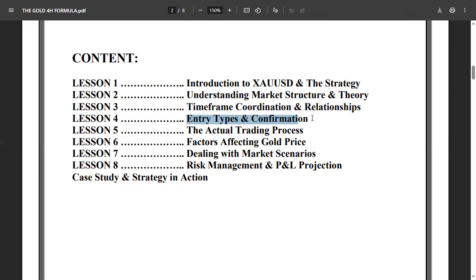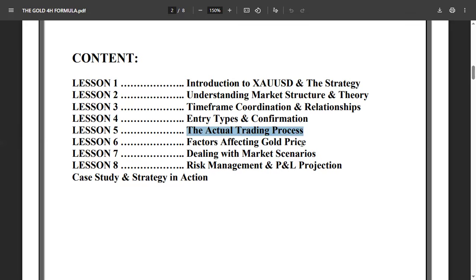And we're going to cover entry types and confirmation. And after learning all this, then we are going to cover the actual trading process. Now, this is the lesson you need to be there completely, because we are going to learn now how you can make money through this formula.